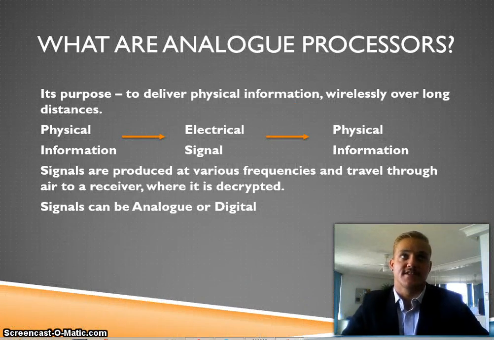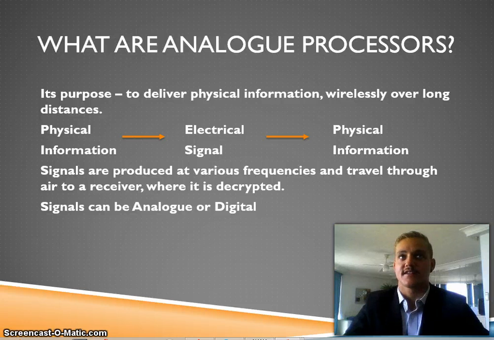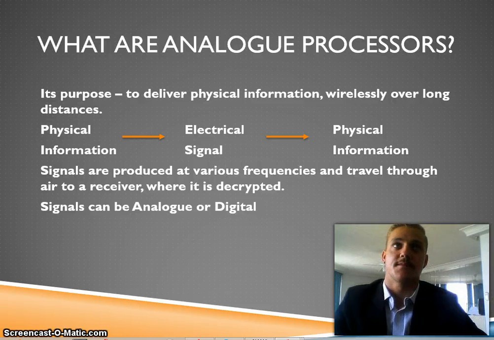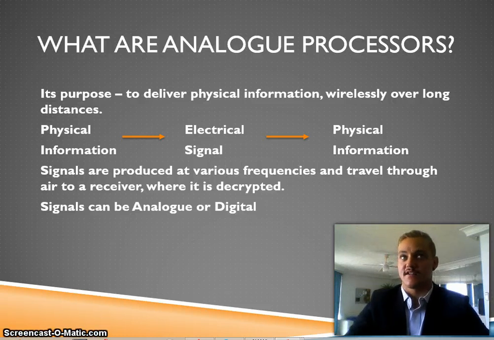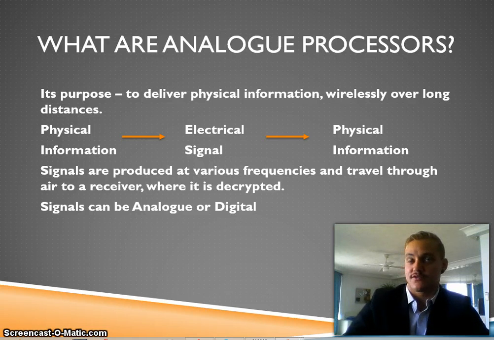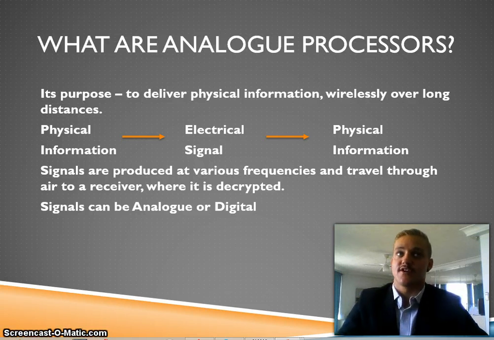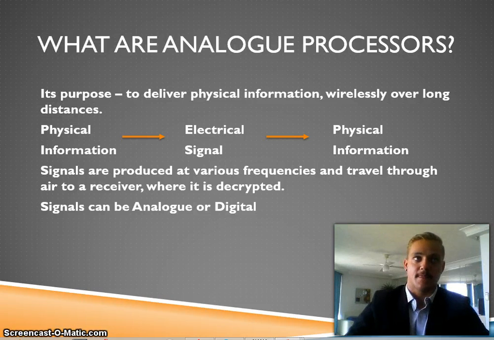What are analog processes? Firstly, in order for you to properly understand analog processes and their purpose, I'll briefly introduce the fundamental theory behind the technology. The purpose behind signal processing is to deliver physical information wirelessly over long distances. The technology works by converting physical information into a signal, which is in electrical form, and then transferring the signal between various electrical devices, where it is once again converted back to its original physical form.